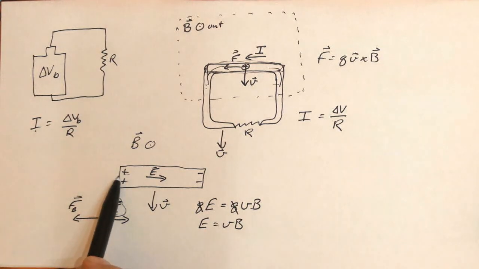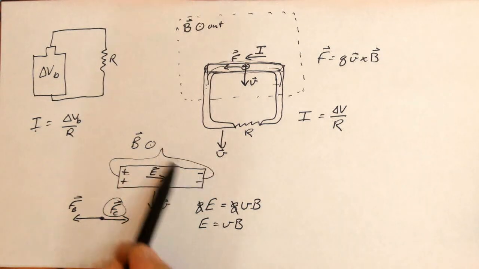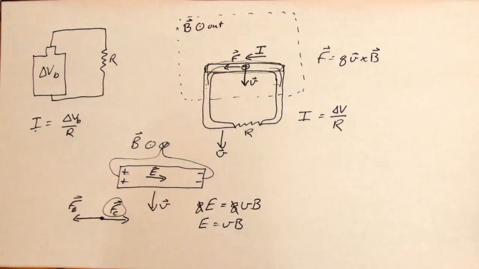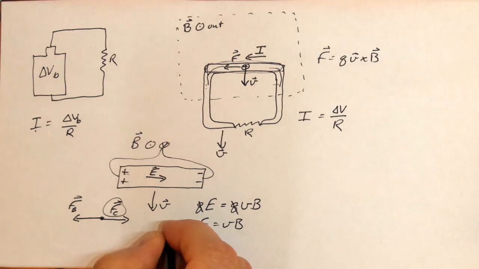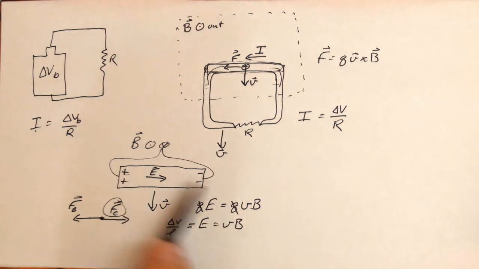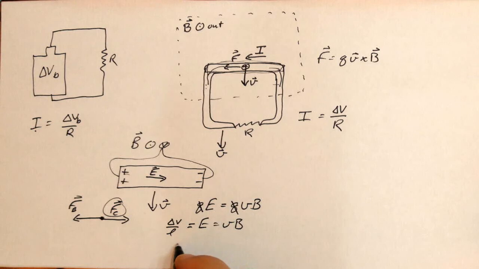But if I were to actually measure the voltage, what's the voltage here? The voltage is related to the electric field. It is delta V over the length of whatever this is, just like in a capacitor. So now I have delta V equals VBL.